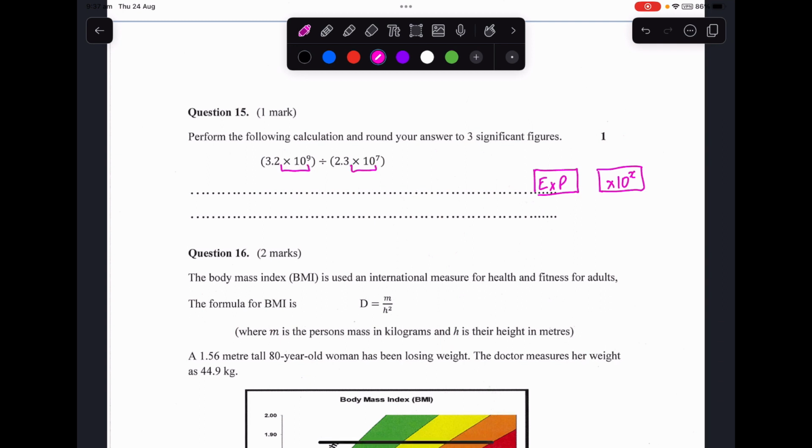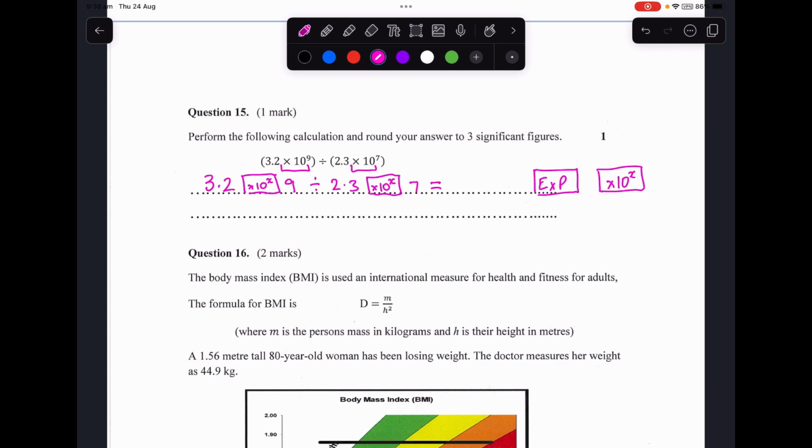Okay, so you would just put it in as one number. So for this one, you would go 3.2, and then you would press your times 10 to the X, 9, divided by 2.3, press your times 10 to the X, 7, equals.